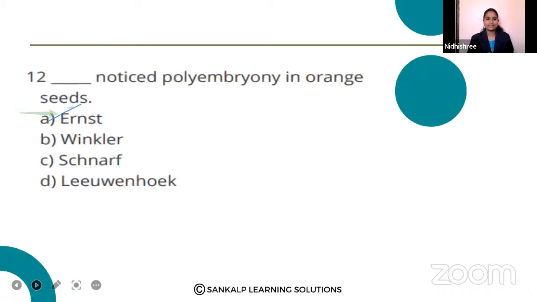Okay. Next. 12. Dash noticed polyembryony in orange seeds. Who is the scientist who noticed polyembryony? A. Ernst Haeckel, B. Winkler, C. Schramm, D. Leeuwenhoek. Who will answer this?